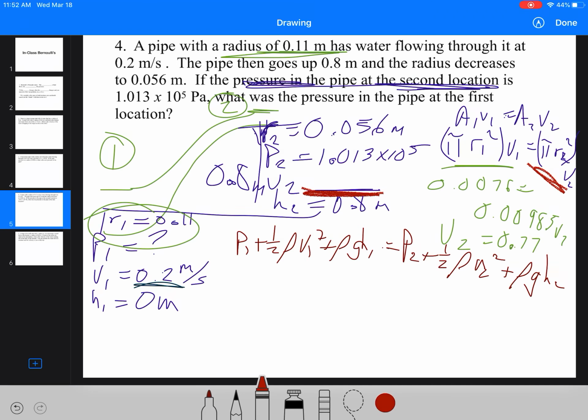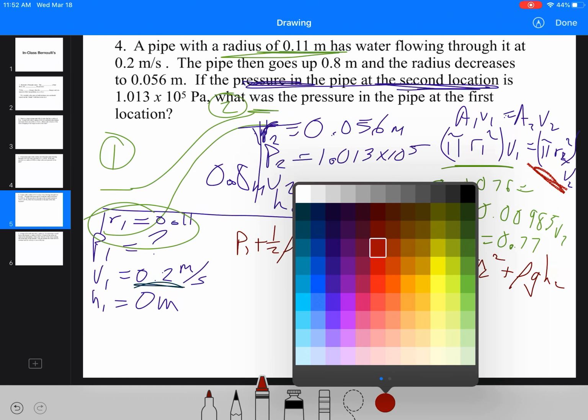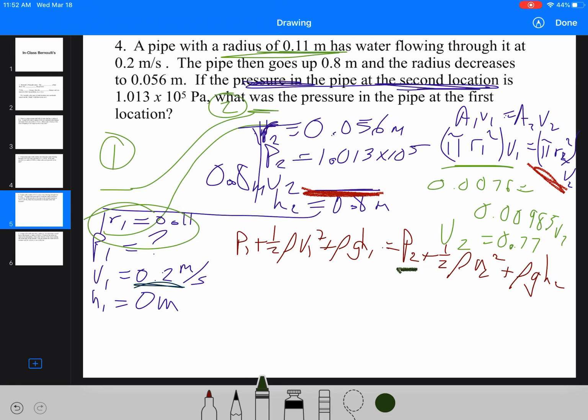My pressure is what we're looking for. We're given P2, we're going to be solving for P1. So the height at location 1 is 0, so we can cross off that chunk. My velocities change, so those stay, and I have a height at location 2.